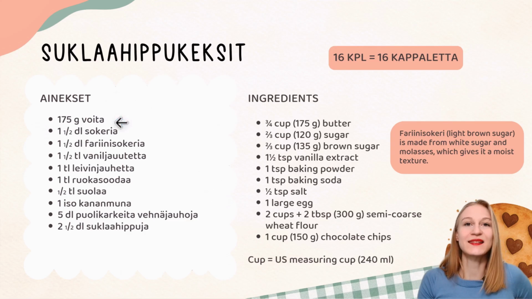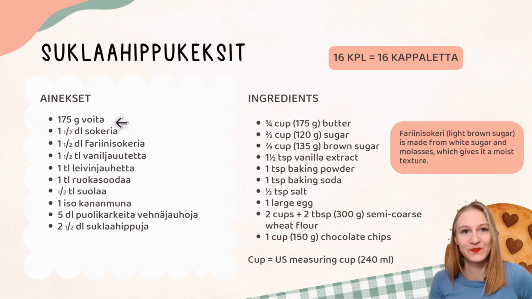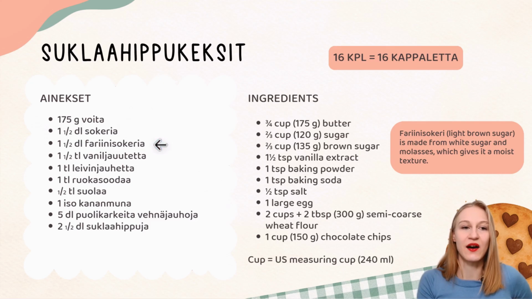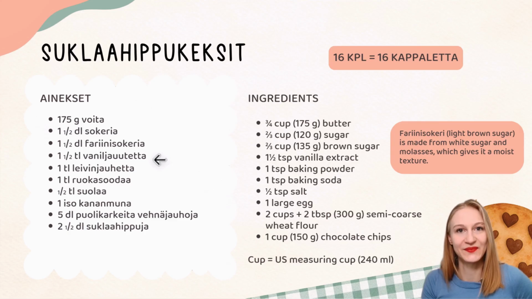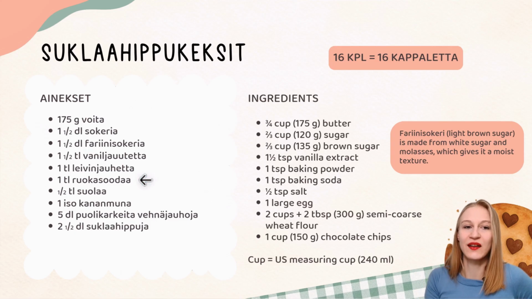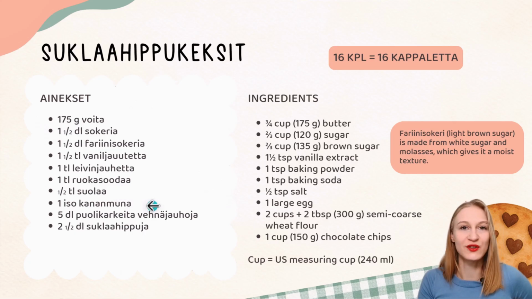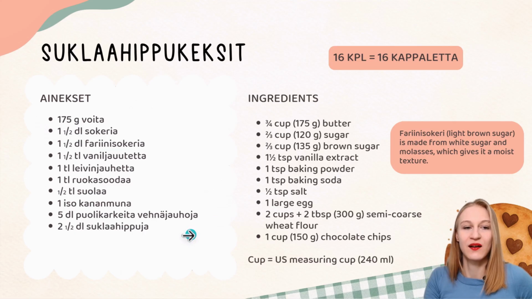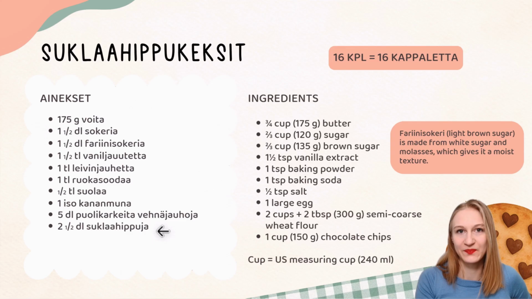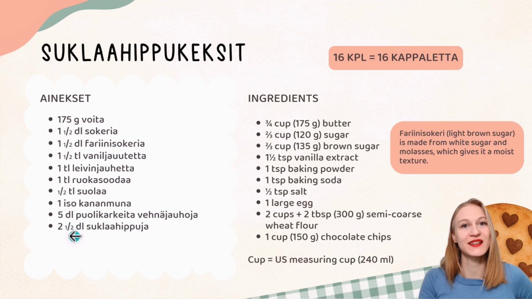Ainekset. 175 grammaa voita. 1,5 desilitraa sokeria. 1,5 desilitraa fariinisokeria. 1,5 teelusikallista vaniljauutetta. 1 teelusikallinen leivinjauhetta. 1 teelusikallinen ruokasoodaa. 0,5 teelusikallista suolaa. 1 iso kananmuna. 5 desilitraa puolikarkeita vehnäjauhoja. 2,5 desilitraa suklaahippuja.